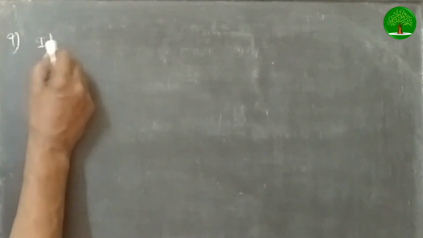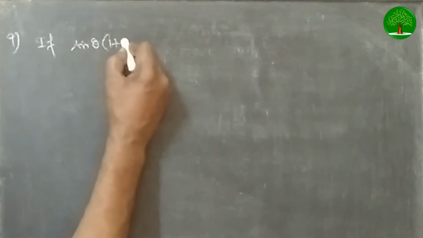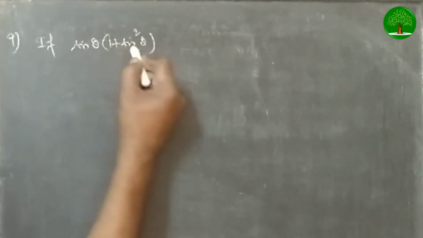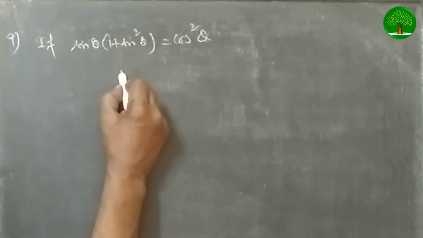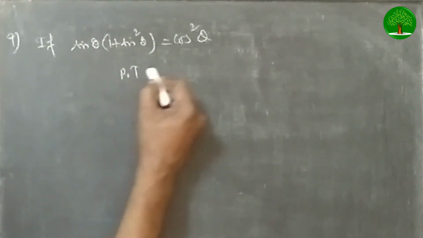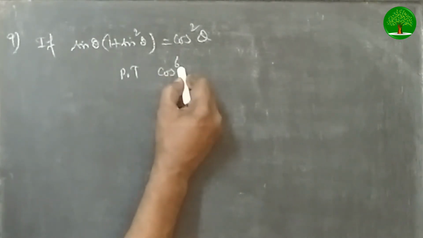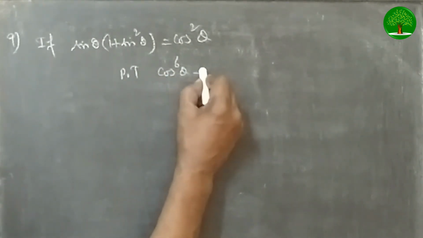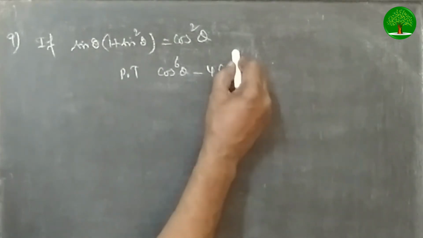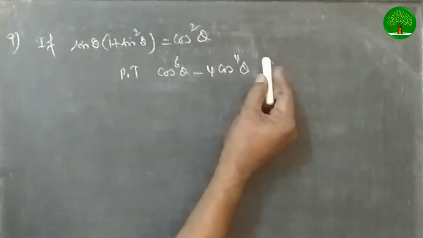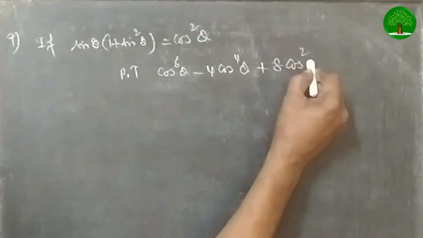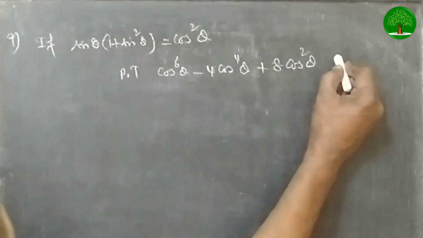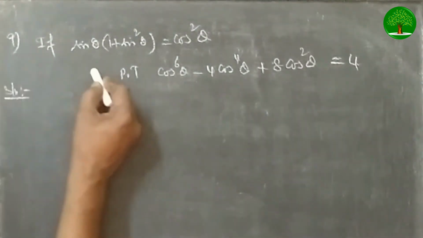Now ninth one. If sin theta into 1 plus sin square theta is equal to cos square theta, prove that cos to the power of 6 theta minus 4 cos to the power of 4 theta plus 8 cos square theta is equal to 4.